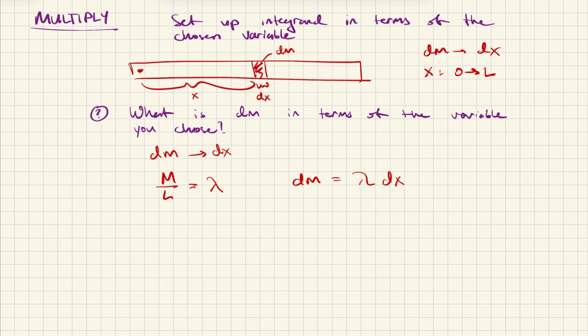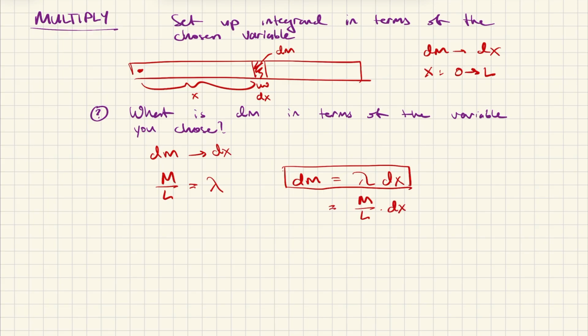Whatever size this little patch is, with dx, if I multiply that by the length density, then I can compute the actual mass of that thing. This equation tells us how to relate the mass of this little patch to the width of the little patch. Then we can just write the length density as a constant m over L. And if I expand this, this is m over L times dx.